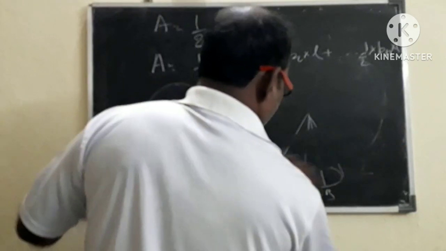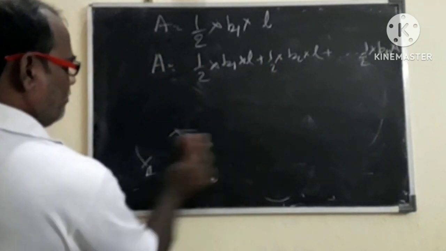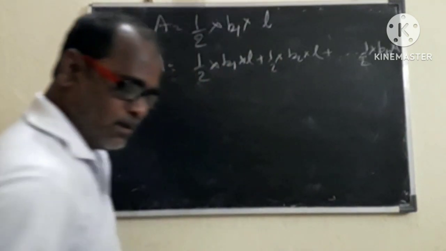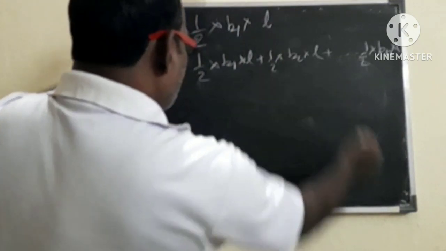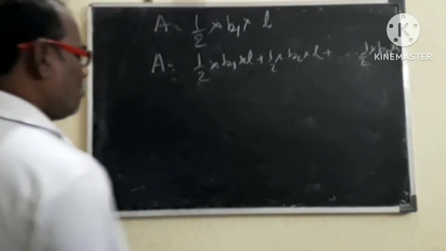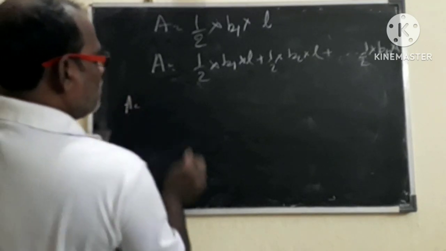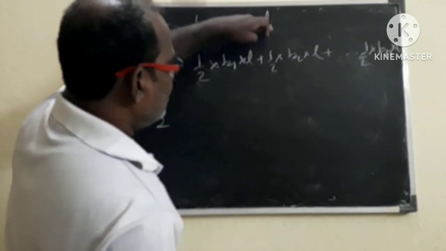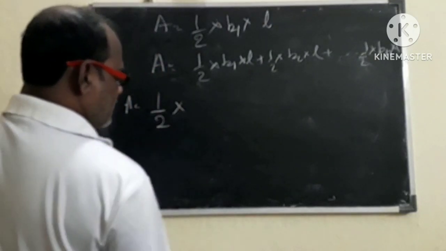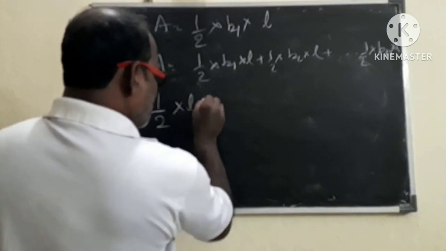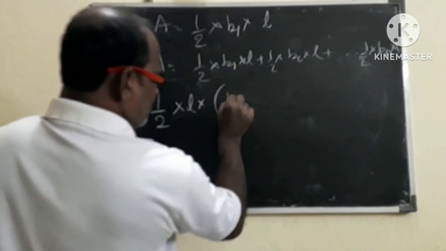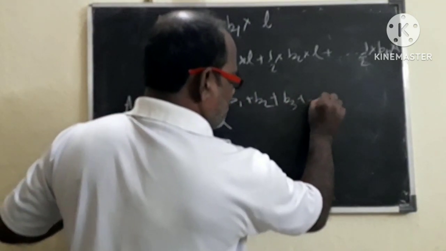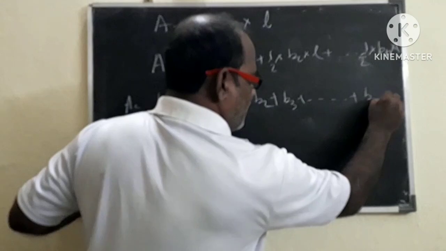Now if we add all of this, we get the area of the cone. That is, A is equal to half common, L common, so half into L into B1 plus B2 plus B3 plus summation till Bn.